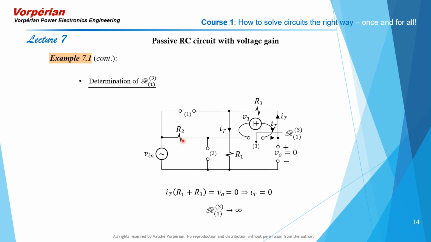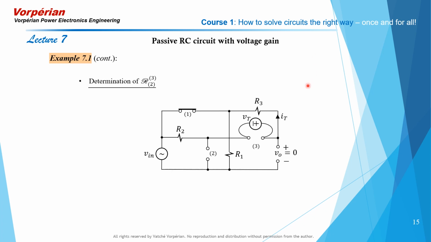And the only way that current IT can be nulled is to make Vt equal and opposite to Vin. You didn't have to do this, but if you were just interested in finding out how that happened, you can do it. Regardless, script R31 is infinite.